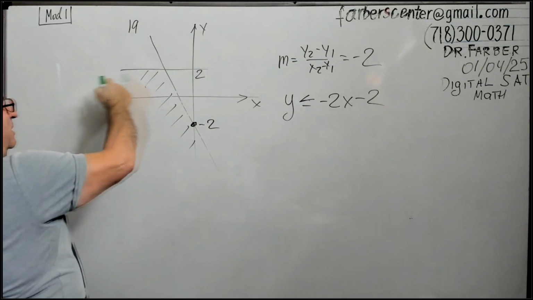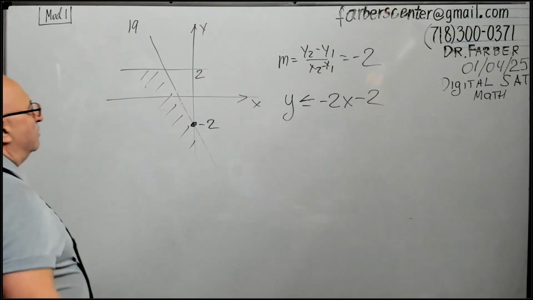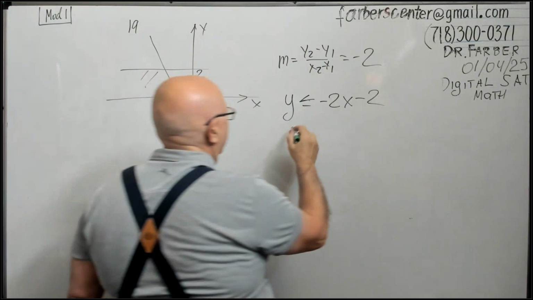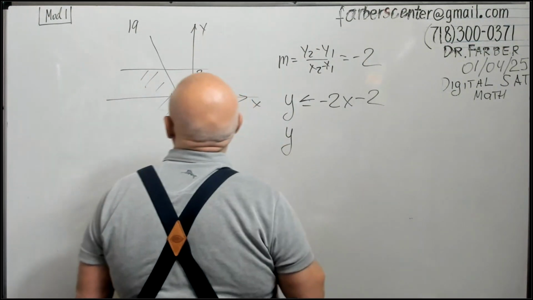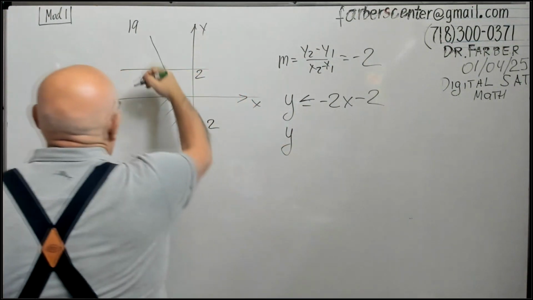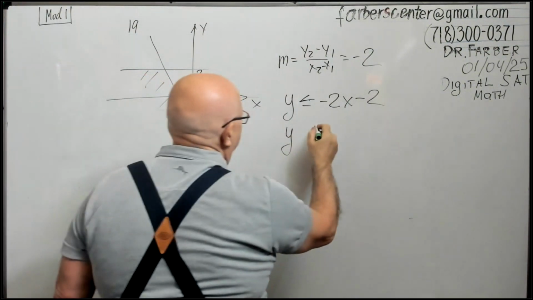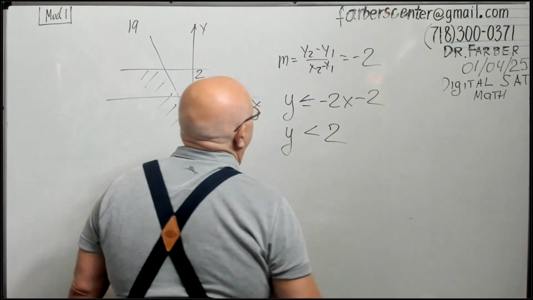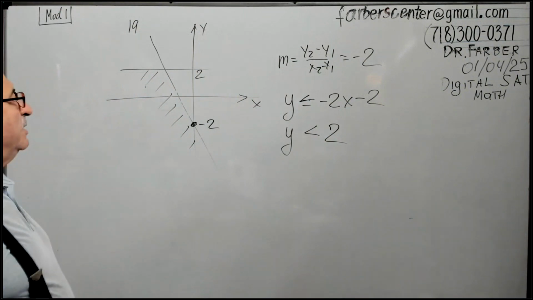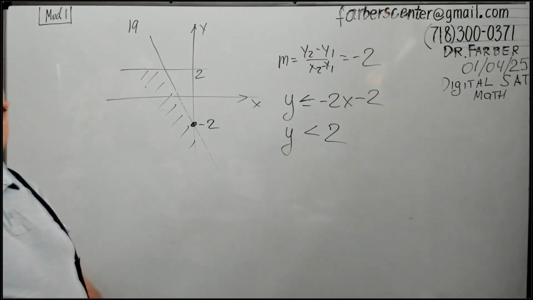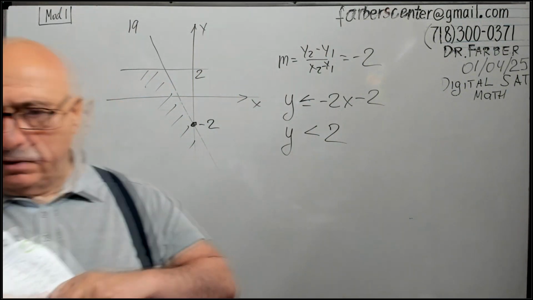And this line y equals 2 is a solid line, and it's shaded below this line. It is less than or equal to 2. Now, in a few seconds, you can find this in the multiple choice answers.